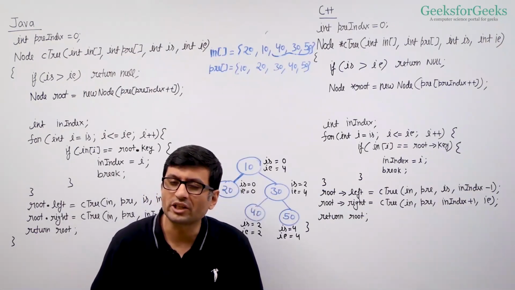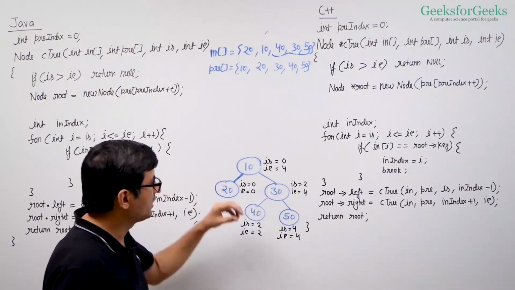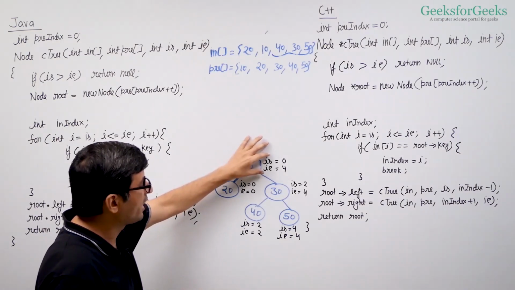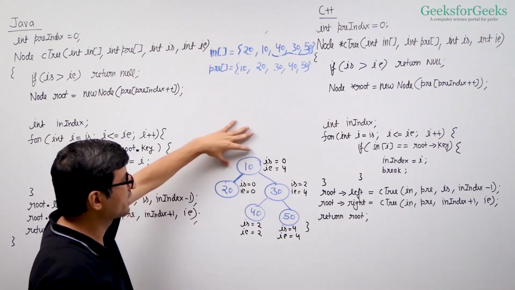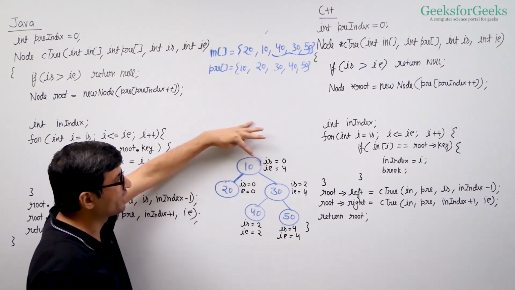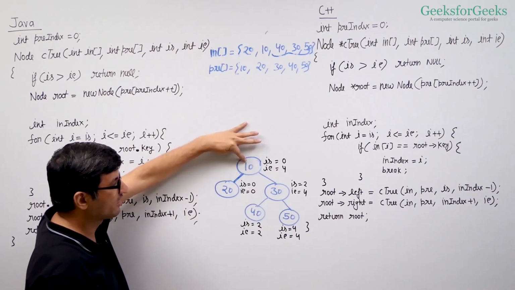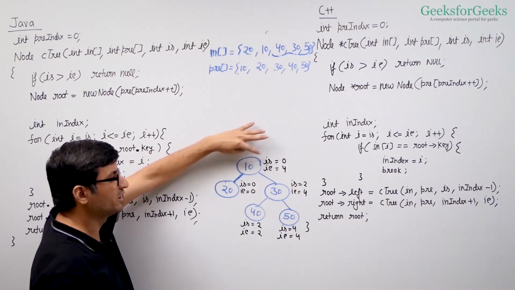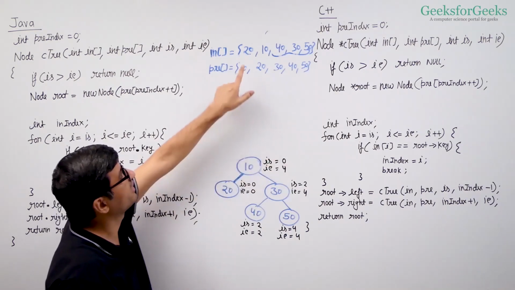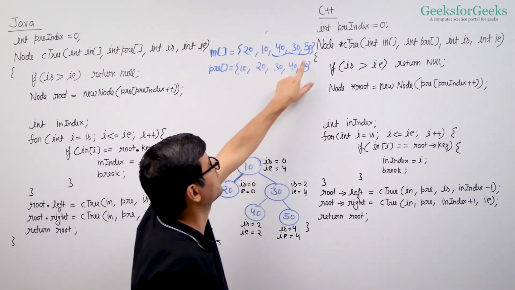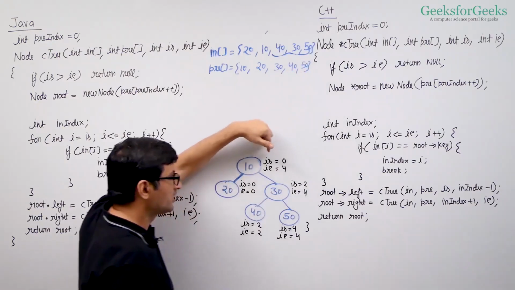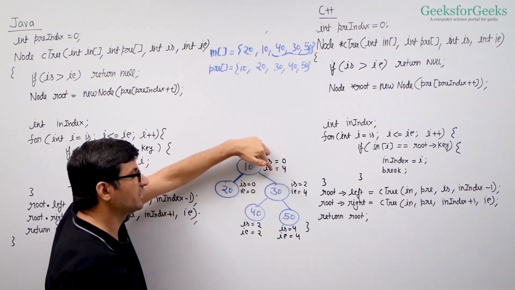For better understanding of recursion, I have written inStart and inEnd values for the recursive calls. These are the initial values when you call it for the main tree, right? Your preIndex is initially 0, inStart is the index of the first element and inEnd is the index of the last element. So these are the values of IS and IE.